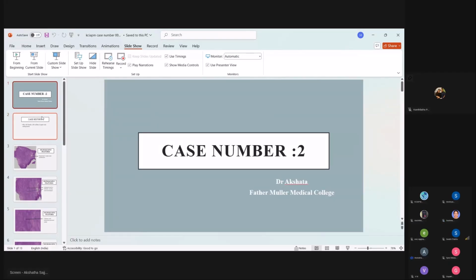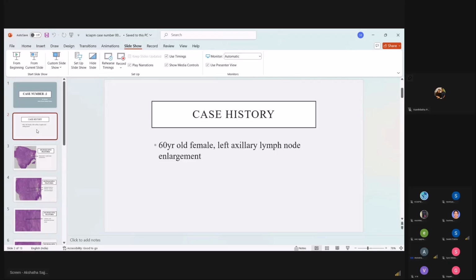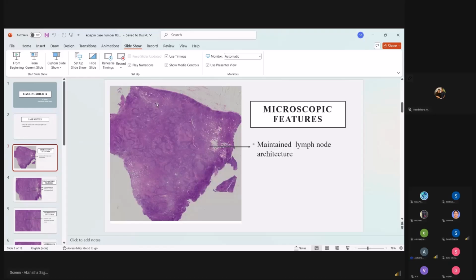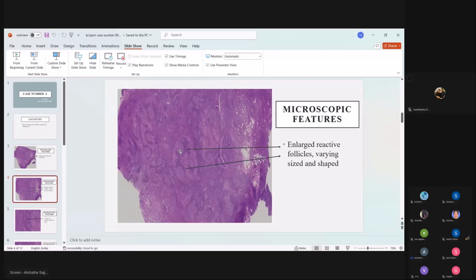Good afternoon. I'm Dr. Akshata from Father Muller's Medical College, and I am presenting case number 2. Case history was given as 60-year-old female, left axillary lymph node enlargement. Microscopically, on scanner view, the lymph node shows maintained architecture, and it shows reactive follicles of varying size and shape.